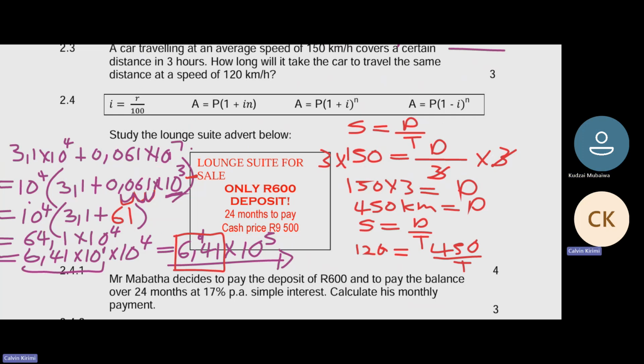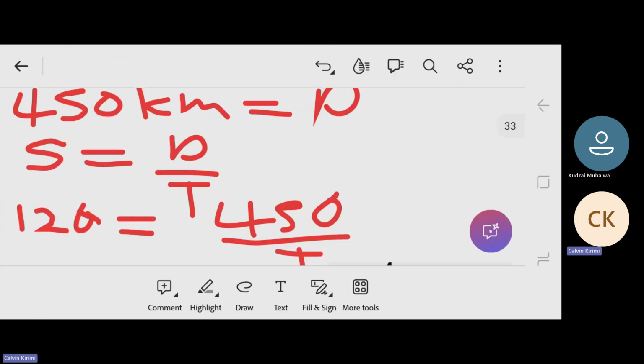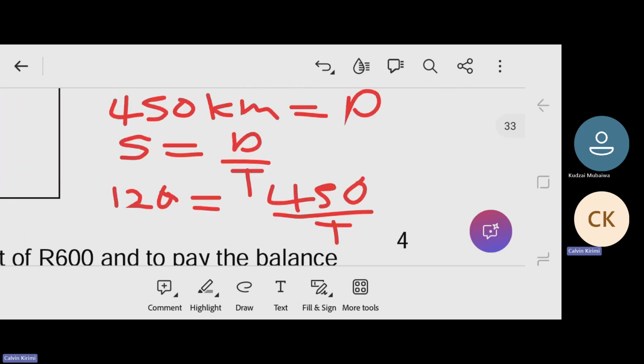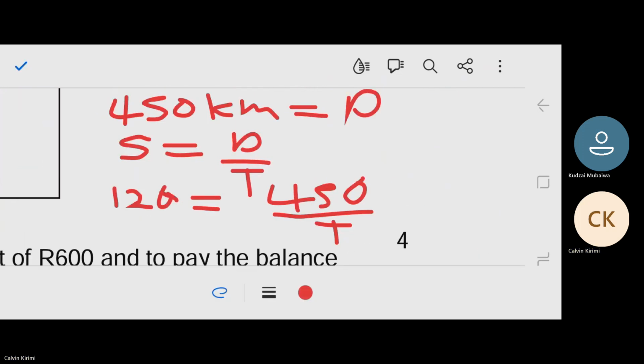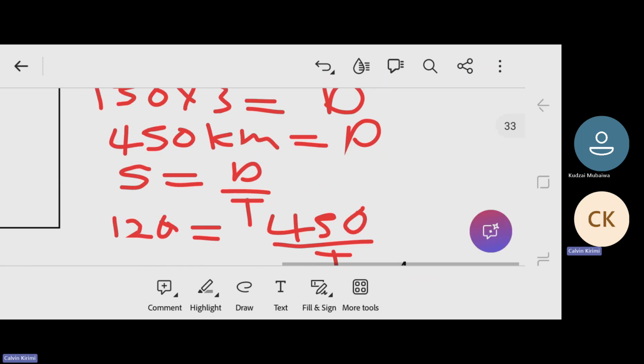Hours? Yes, we are talking of hours and kilometers. So just like what I've been showing you, how we deal with that, we are doing the same. We are just simply doing the same thing. Nothing has changed. Now we are only solving for t.